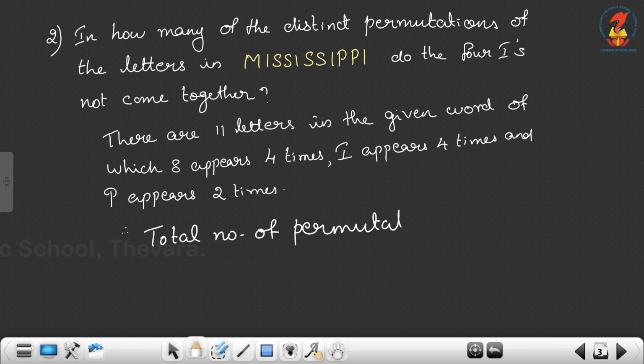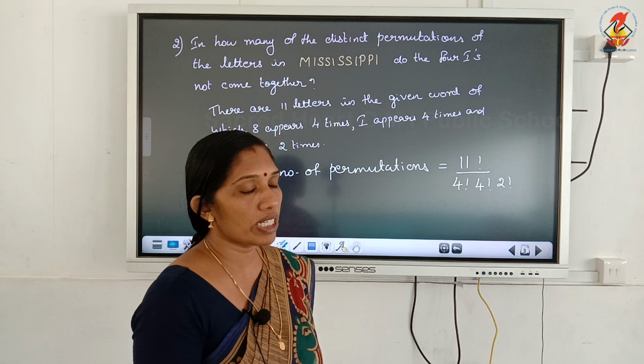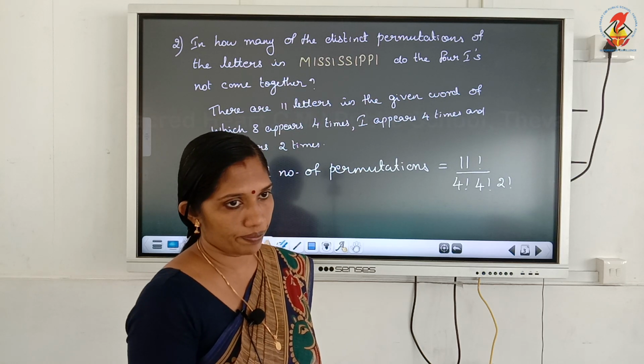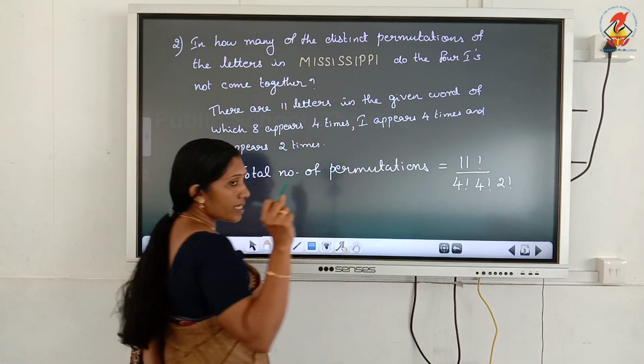Total number of permutations using these 11 letters is equal to 11 factorial by S 4 times, that you have to write in the denominator, I 4 times and P 2 times. So 4 factorial into 4 factorial into 2 factorial. This is the total number of permutations. Now we have to find the permutations in which I occur together. Okay. So now we have to consider this 4 I's as a single letter.